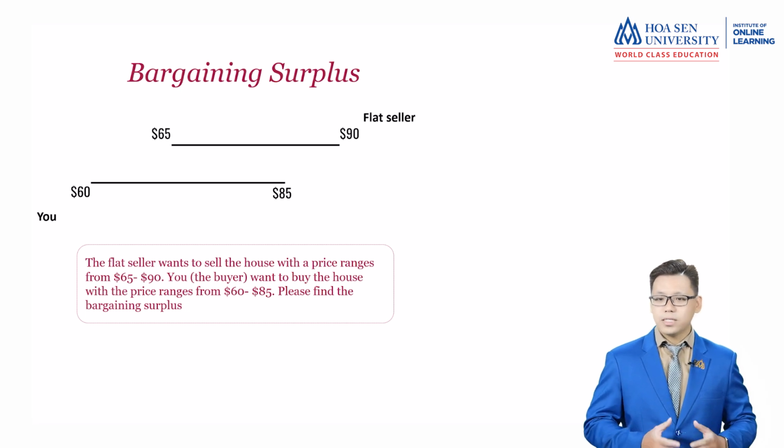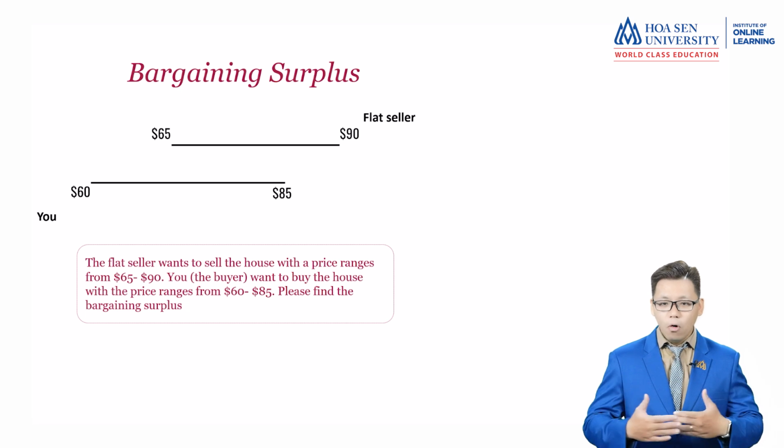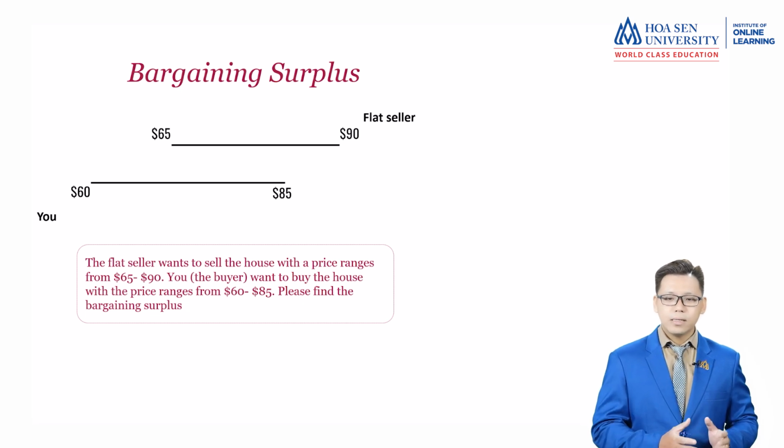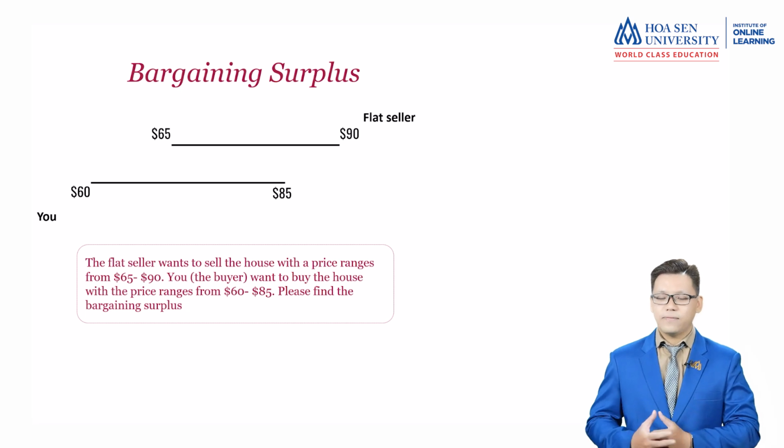On the other hand, as the buyer, you are willing to pay between $60 and $85. The bargaining surplus is the overlap between these 2 ranges where a deal could be made. How much is it? The bargaining surplus here is $20, which is the difference between 85 and 65.